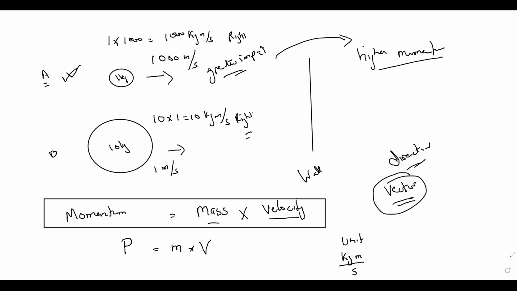Another example: there are two objects, each a 3 kilogram object. One object is moving towards the right with a speed of 5 meters per second.